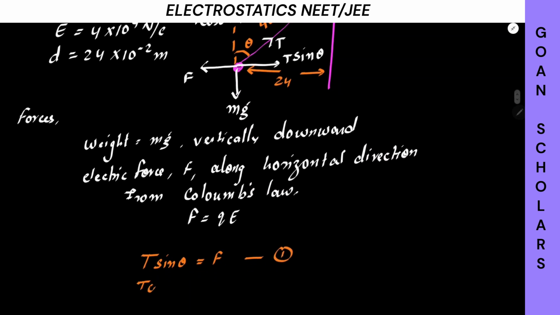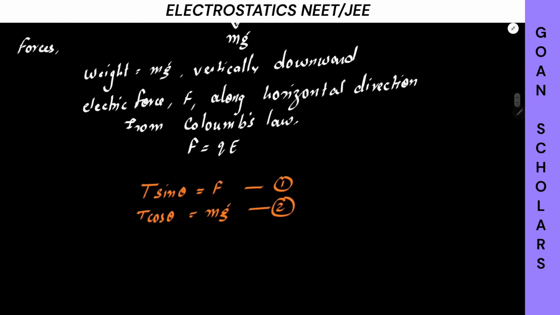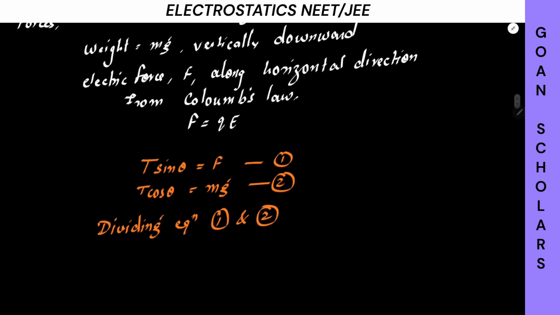The second equation is T cos theta, which acts upward, and is balanced by the weight, mg. This is equation 2. Now if T sin theta equals F and T cos theta equals mg, let's divide equation 1 by 2. On dividing, what will we get?